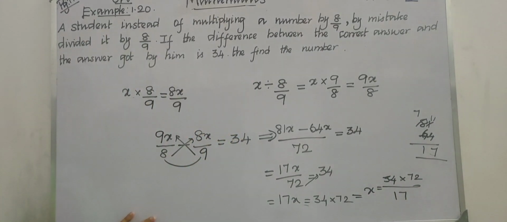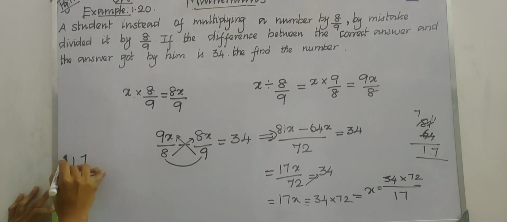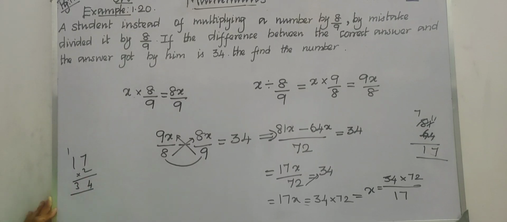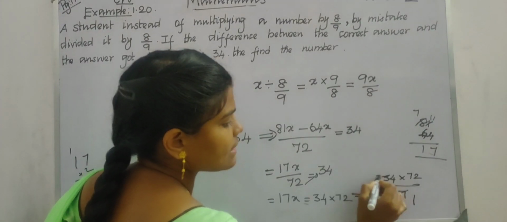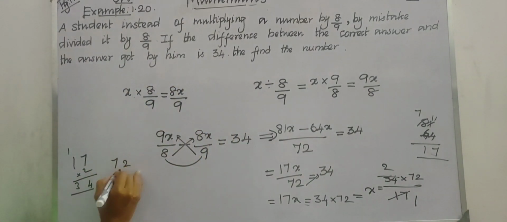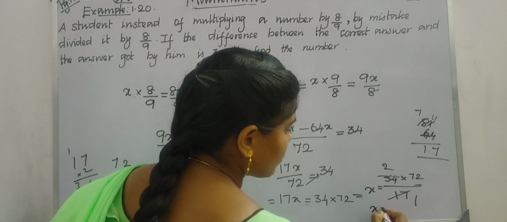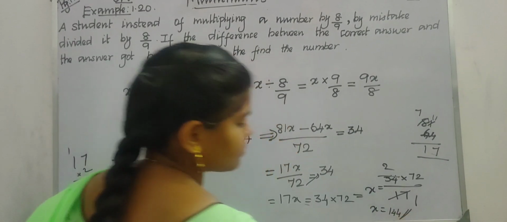Okay children, now we can use the 17 table, right? 17 2s are 34. So 17 into 2 is 34. Now multiply 72 into 2, 2 2s are 4, 2 7s are 14. So we got the answer as x equal to 144. Okay children, is it clear?